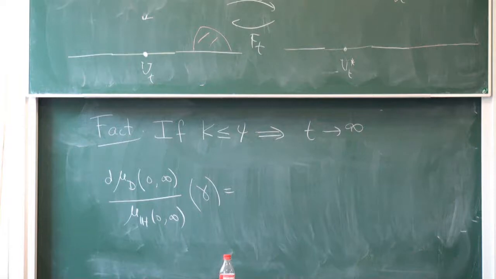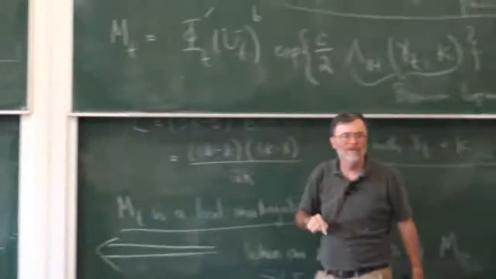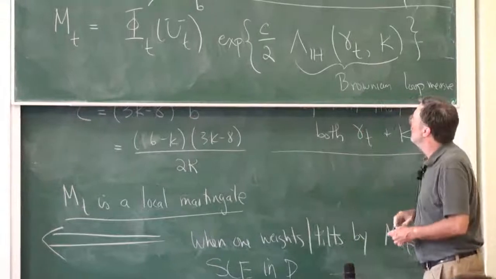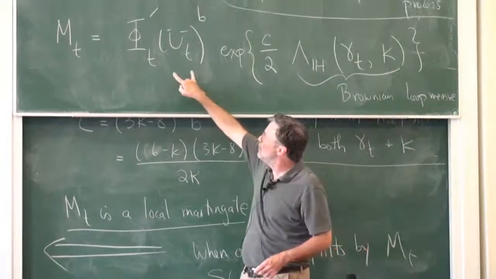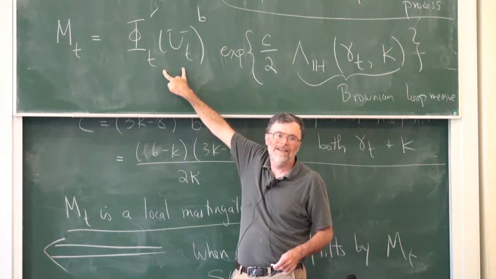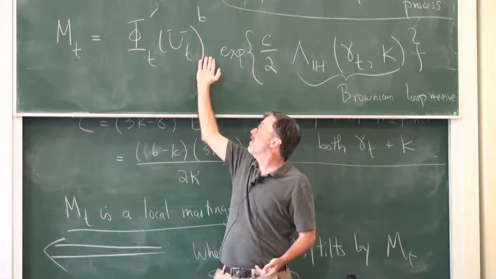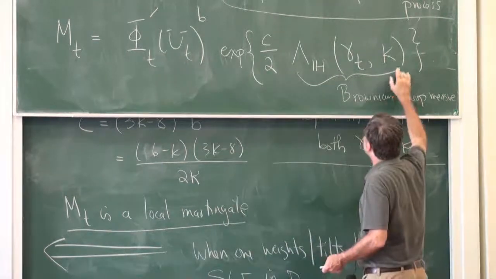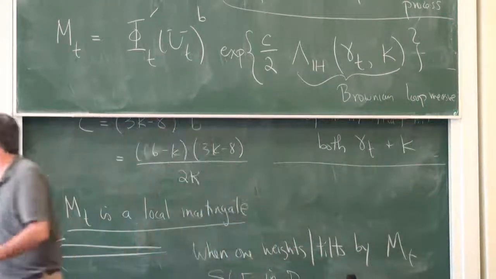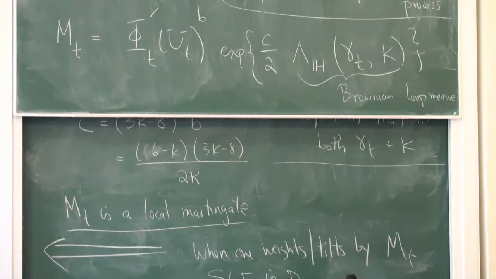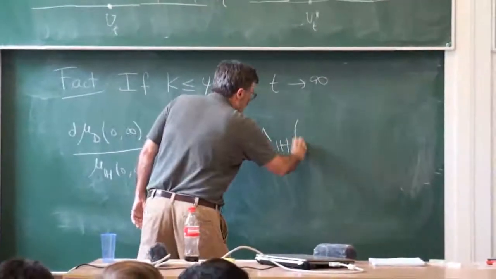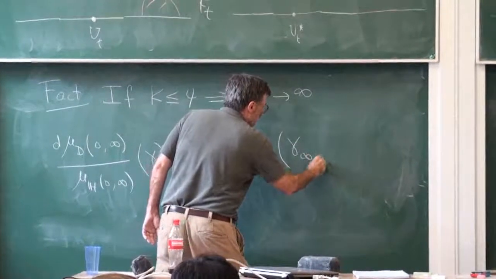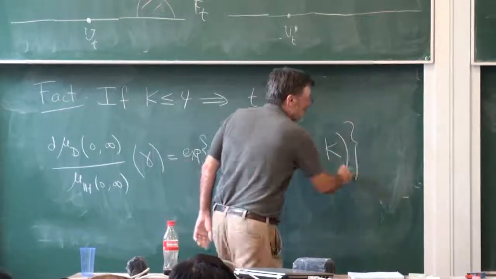And what you get is what you get if you plug in t equals infinity up here. It's a little bit of an exercise you can play around with. As t goes to infinity, this term actually goes to 1. That term goes to what it goes to at t equals infinity, which is exp of c over 2 lambda h, the entire path, and k.